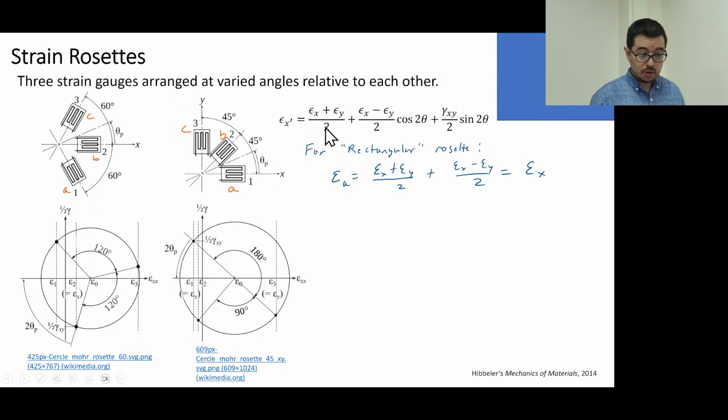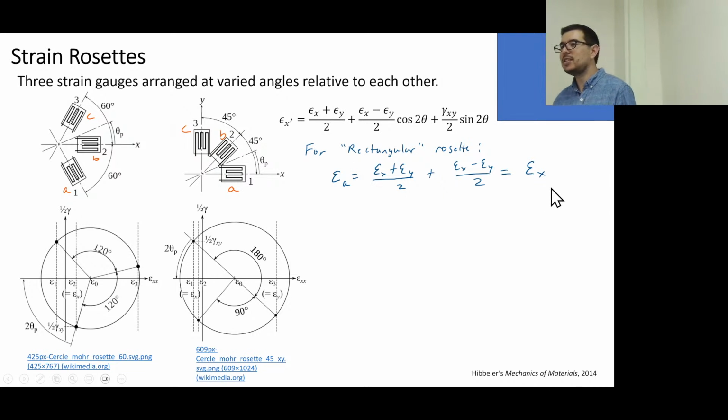Let's just use this equation right here. Theta is equal to 0, so this is 1, so this is going to be epsilon x minus epsilon y over 2. Theta is equal to 0, so this is 0, and this term is just the average. So epsilon A is equal to epsilon x. Does that make sense?